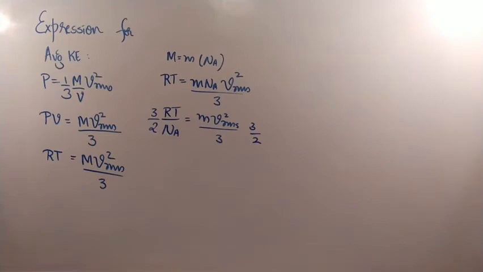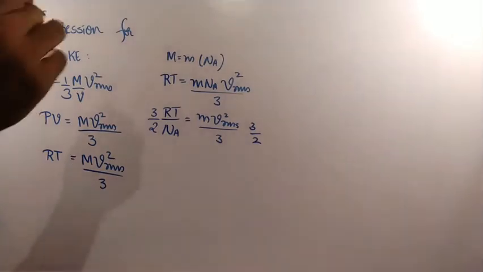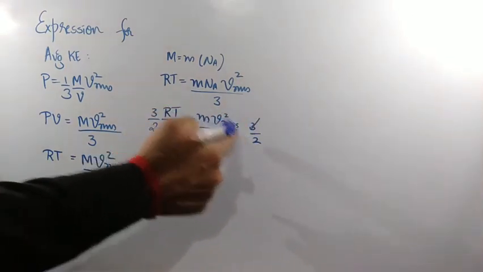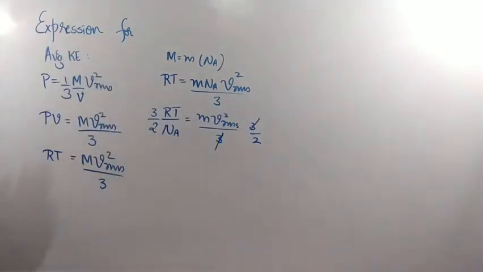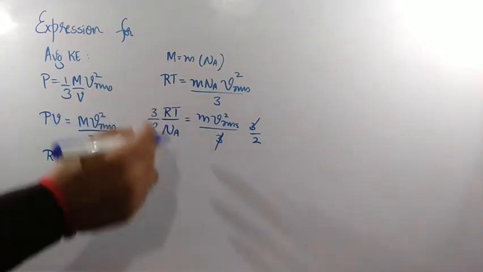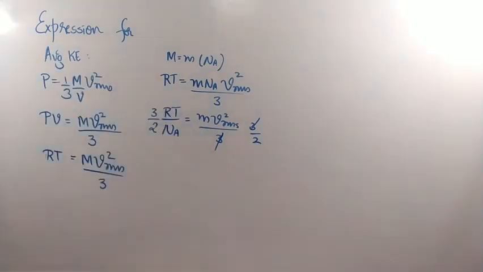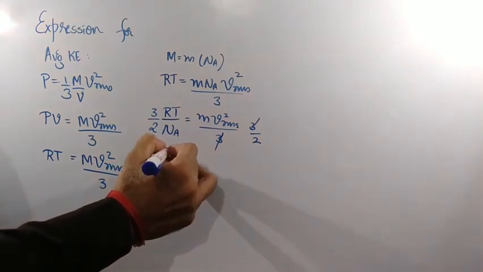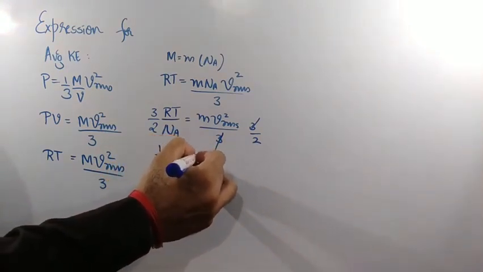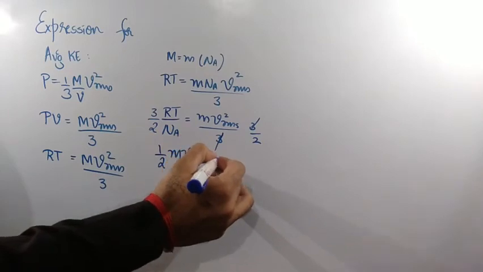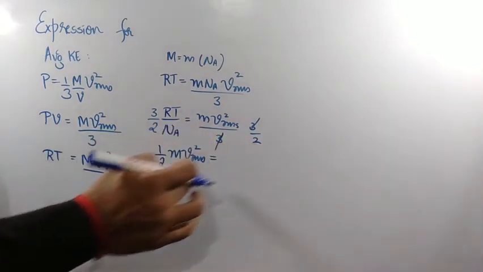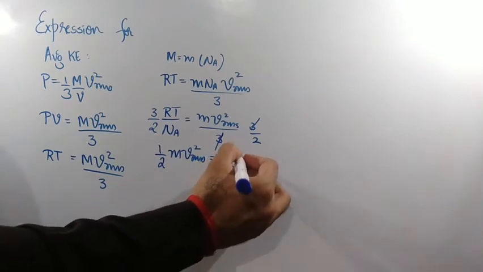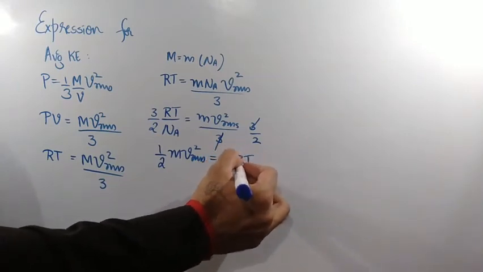Multiplying both sides by 3 by 2, first of all this 3 will cancel, leaving half m v square. That means the kinetic energy equation we got is 3 by 2 RT by NA. Listen, half m V RMS square is equal to 3 by 2 RT by NA.